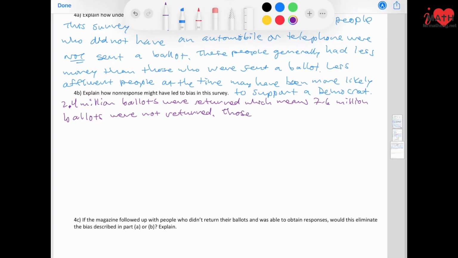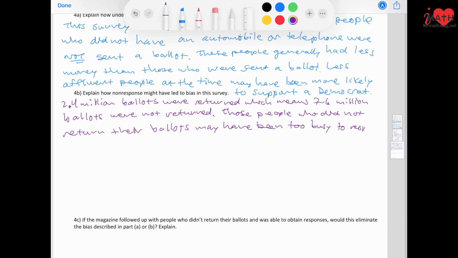Those people who did not return their ballots may have been too busy to respond because they were working too many hours.